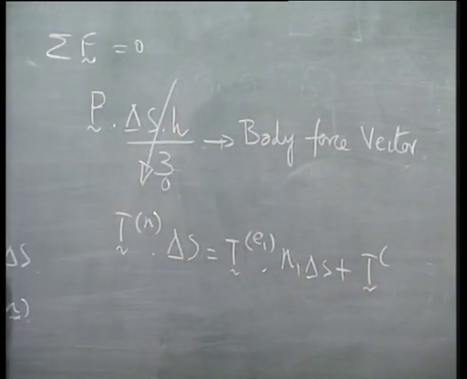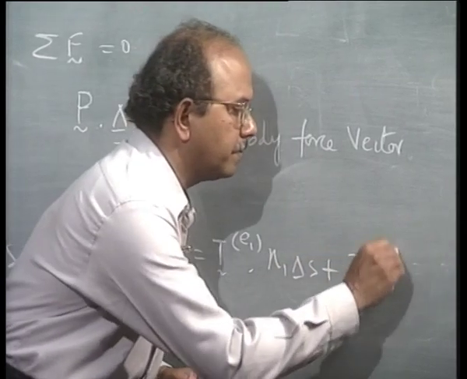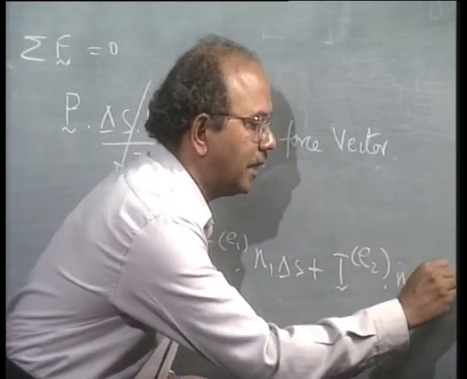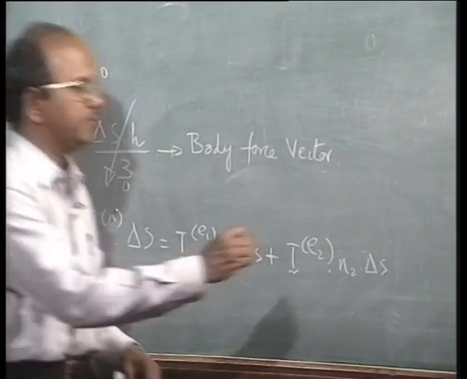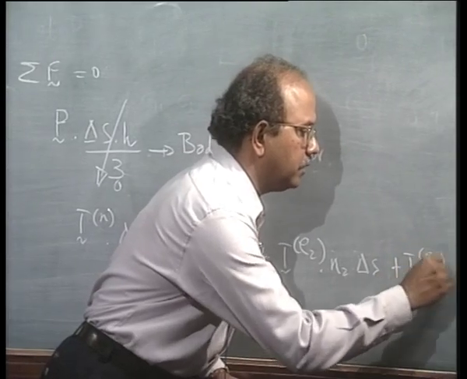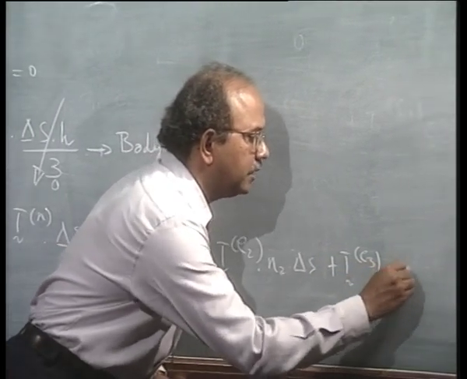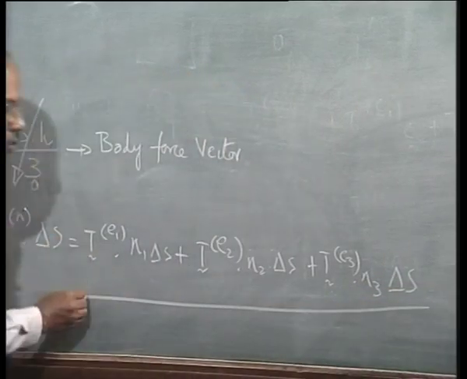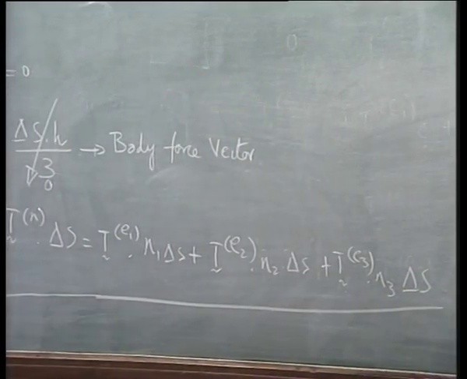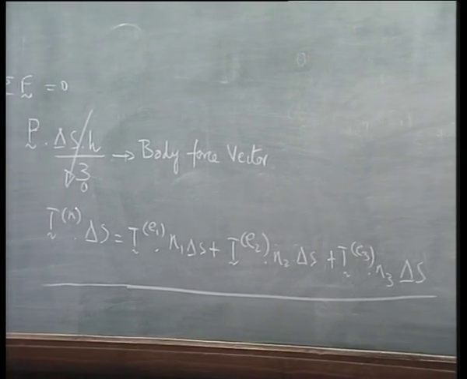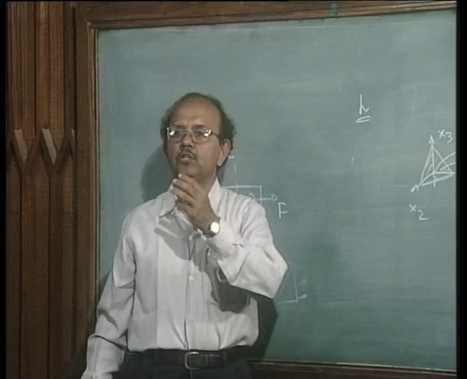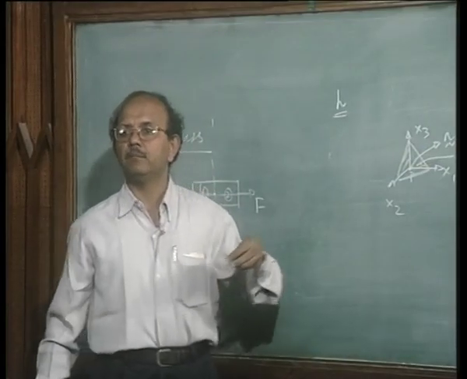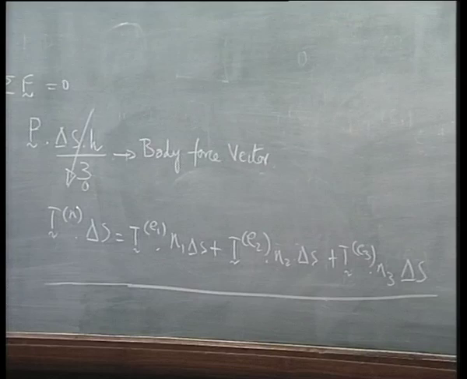T E2 into N2 delta S plus T E3 into N3 delta S. So this equation is the equilibrium, it depicts the equilibrium of this small tetrahedron which I have taken, to bring in my stress tensor.